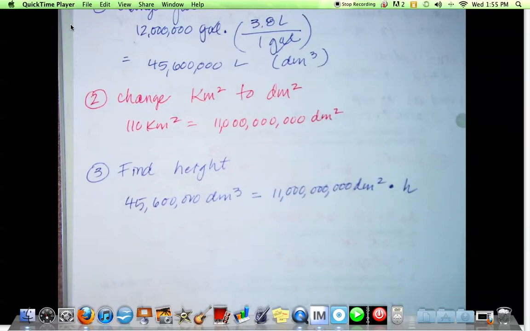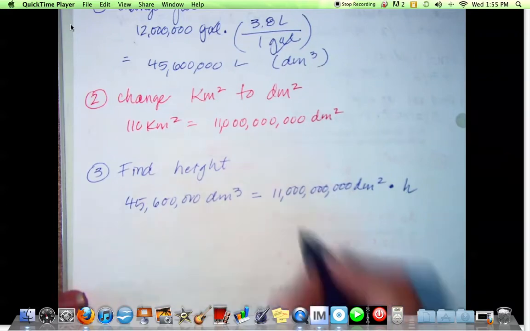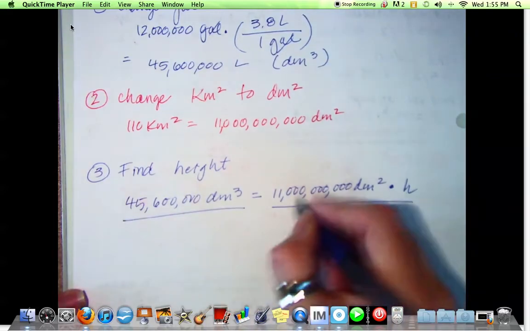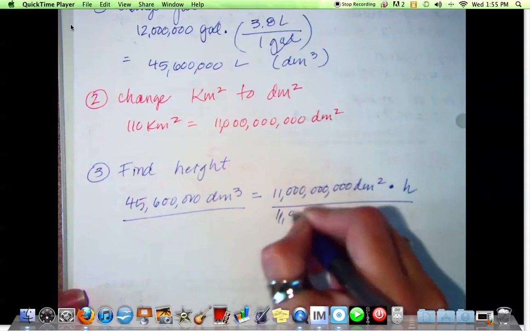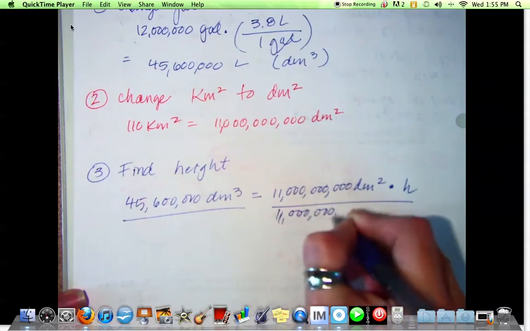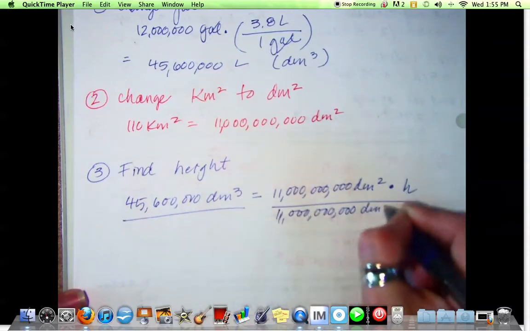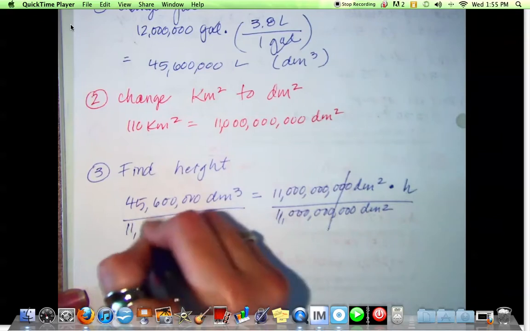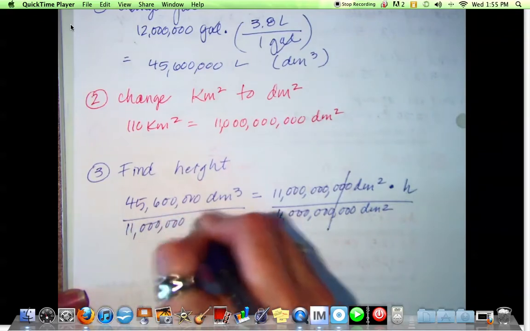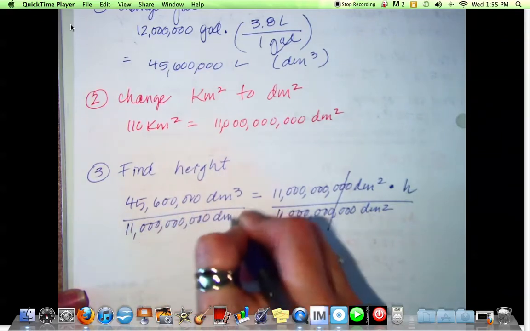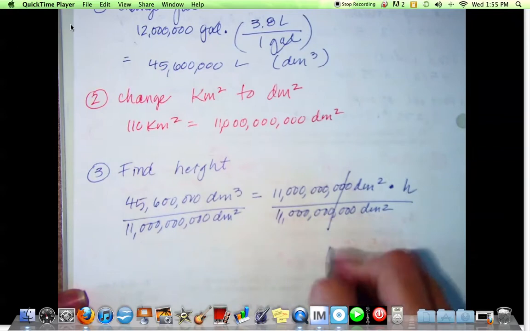And what do I do to find the height? You divide 45,600,000 by 11,000,000,000. So my height is equal to what?